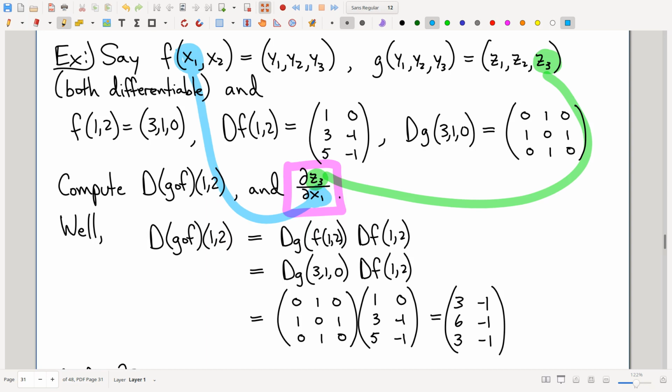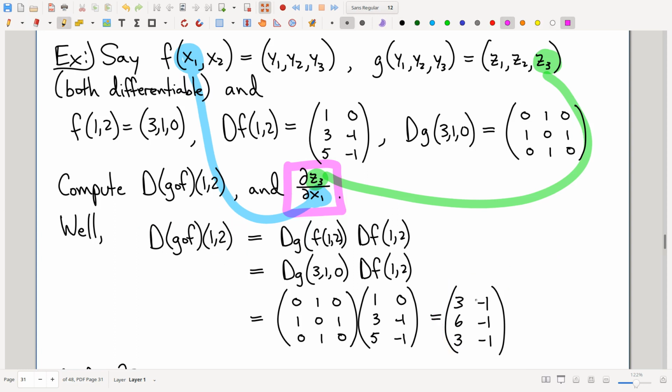So one of the eventual outputs, partial with respect to one of the initial inputs. This is a partial derivative of the composition. That means it's going to be inside the derivative matrix of the composition. But which one of those elements is it?